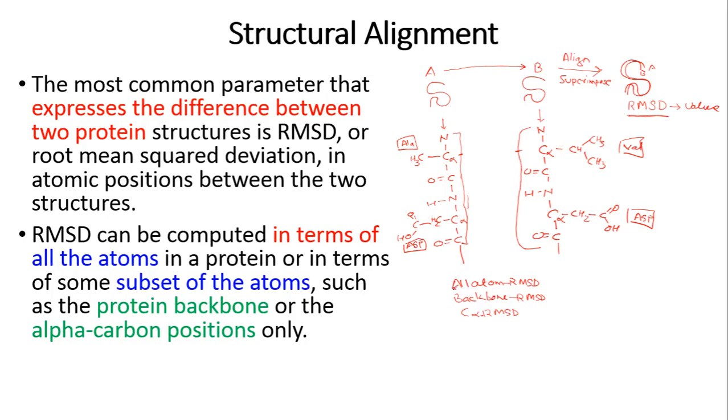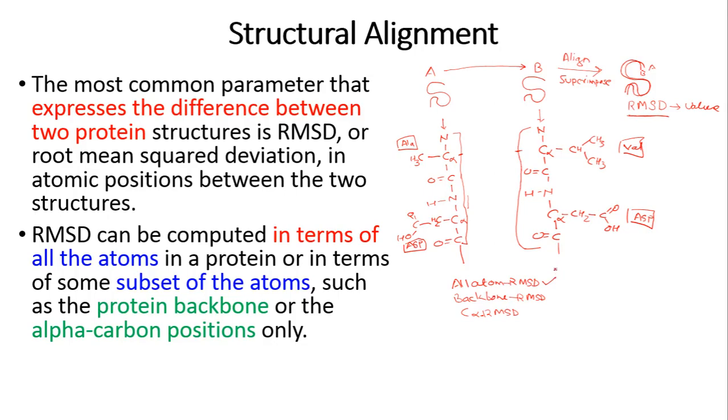When we say that we are using all atom RMSD, what it means is that after superimposition, while you calculate this RMSD term, you have considered all of the atoms from protein A and protein B. In that case, you say that you have calculated all atom RMSD.